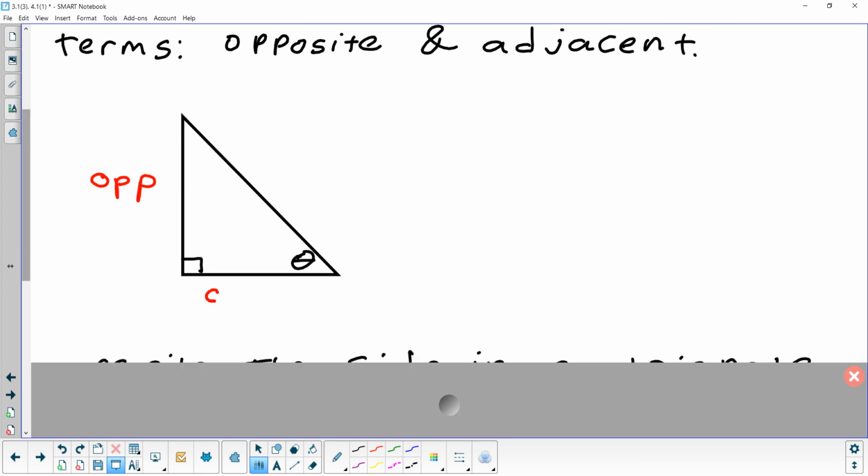Adjacent is the side that's next to the angle. And you might say, well, there's 2 sides next to the angle. Yes, but this one already has a name. It's across from the 90, so it's the hypotenuse.